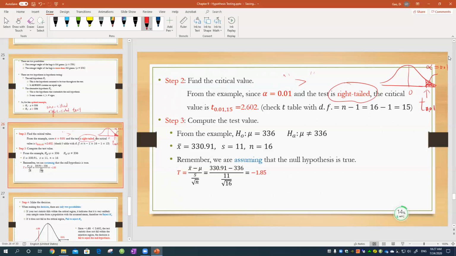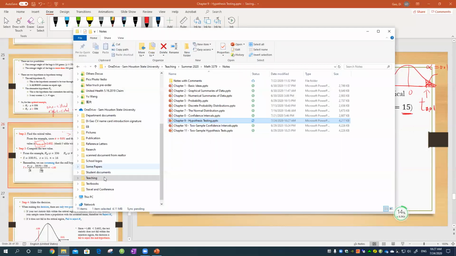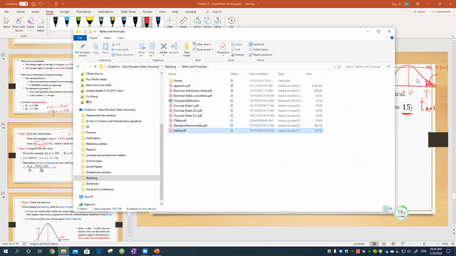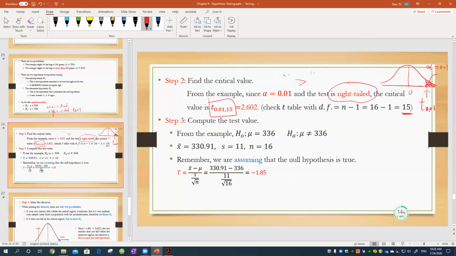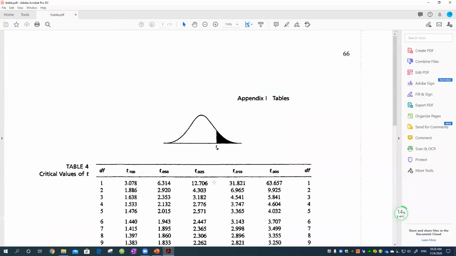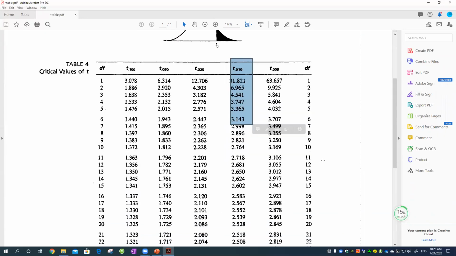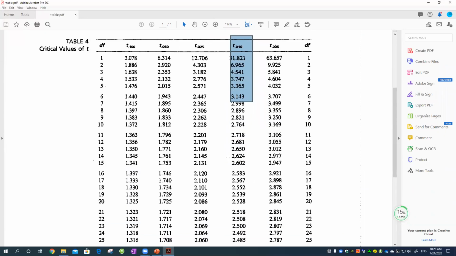Then we check t sub 0.01 with degrees of freedom 15. So we look at our t table. t sub 0.01 is this column, and then we find degrees of freedom 15.